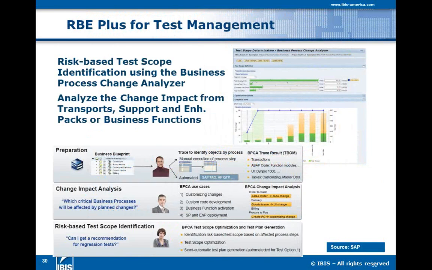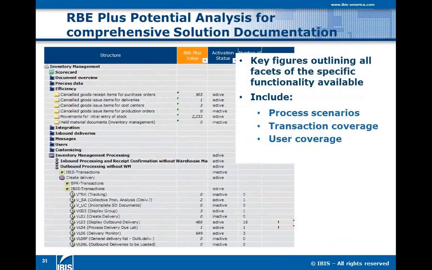We can also support you with test management because we can get you to a comprehensive understanding of not just the functional use from a standard process perspective or custom process perspective, but the variations of those processes. And this is important if you want to leverage that business process change impact analysis. You want to make sure that you have a comprehensive description of exactly what you're supporting so that this will then create for you that impact analysis more comprehensively.